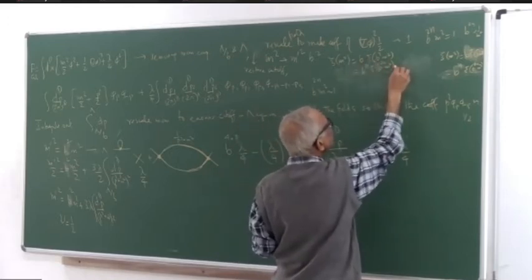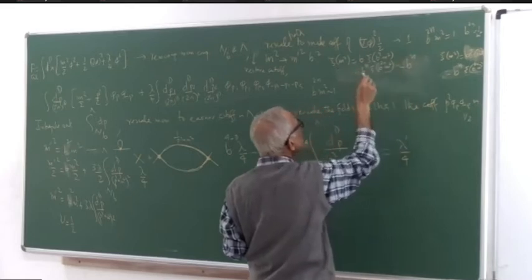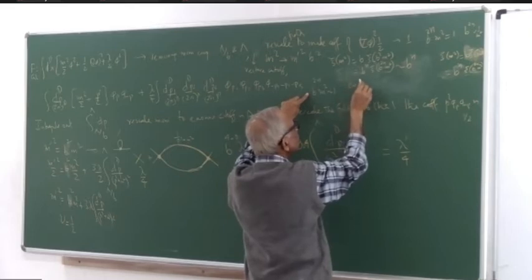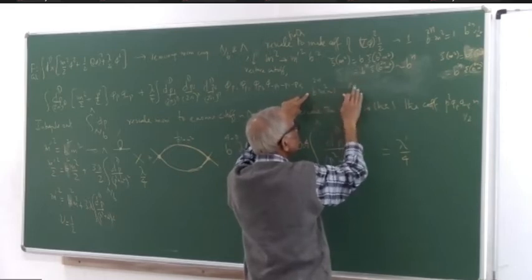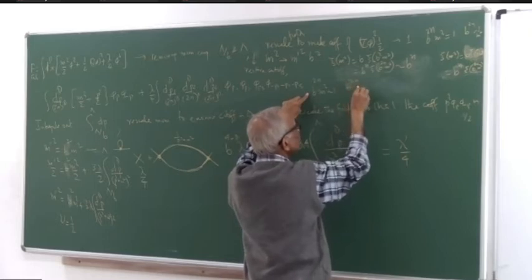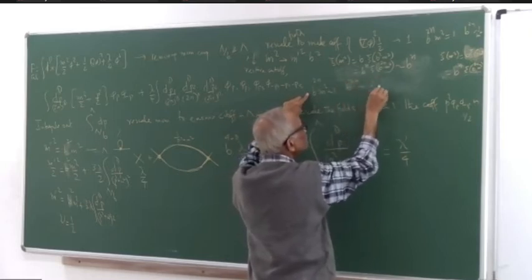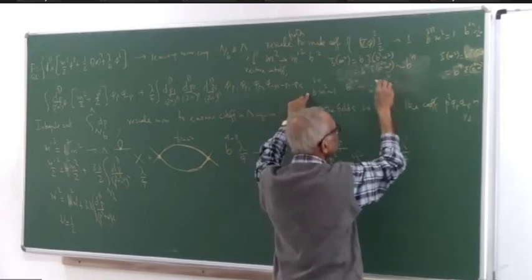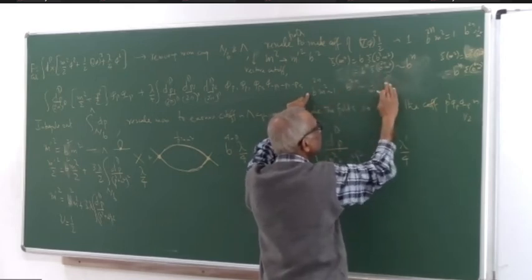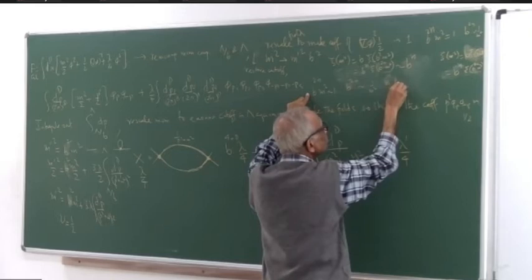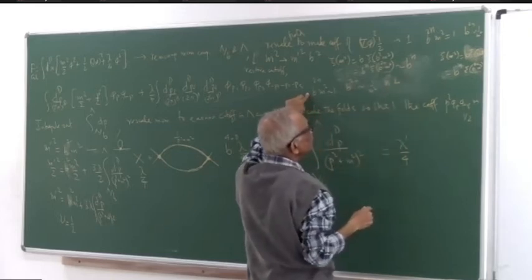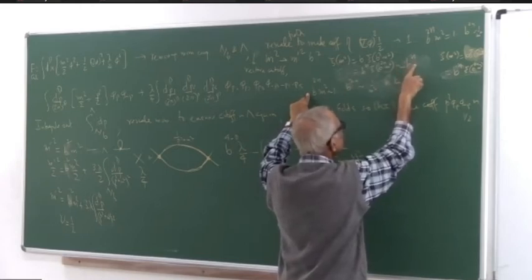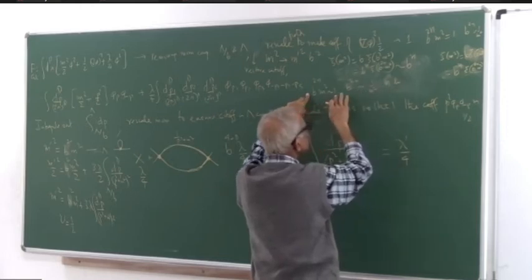So xi m square is like b to the power n, and b to the power 2n is like 1 over m square. So b to the power n is, it's n log b square. I want to transform this b to the power n to m square.